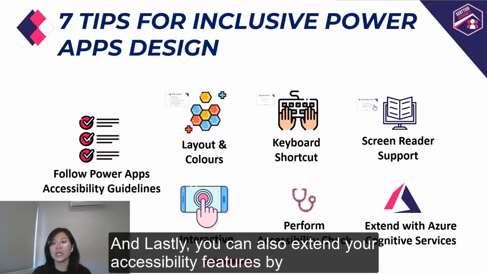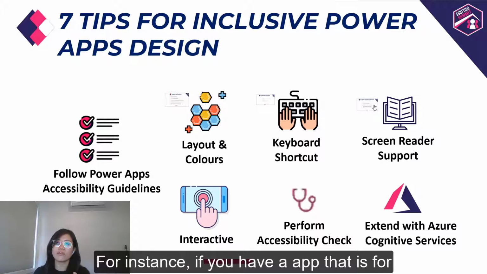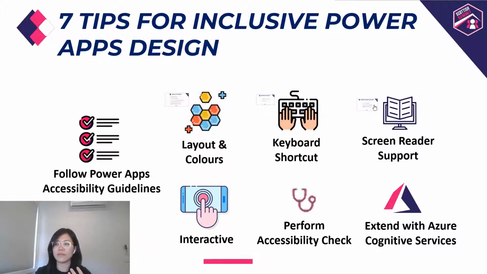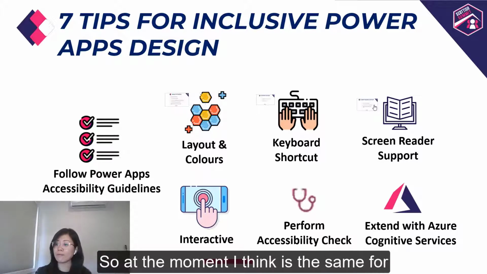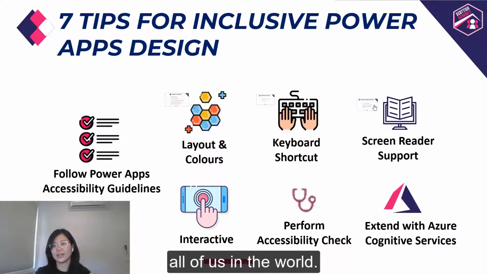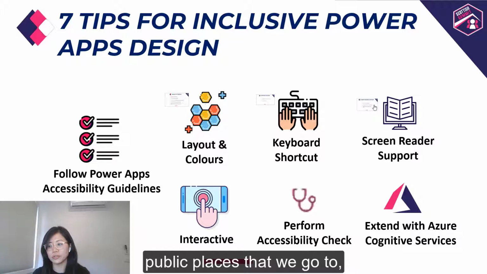And lastly, you can also extend your accessibility features by using Azure Cognitive Services. For instance, if you have an app that is for everyone, like the check-in app for COVID. At the moment, I think it's the same for a lot of us in the world. We have to check in at every restaurant or any public place that we go to, right?